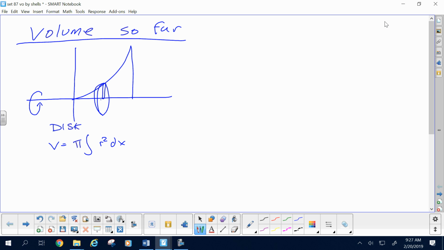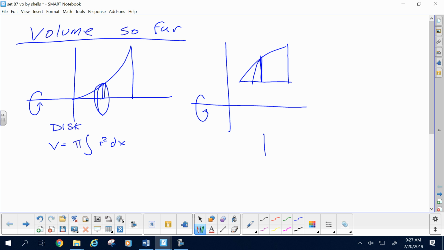We then later on in set 81, I believe it was, say, well, what if you get a region that's got a gap in it, say this region here? If I revolve that around the x-axis, then this rectangle, as it gets revolved, because it's not right up against the axis, I have this big gap in the middle, we get a washer.